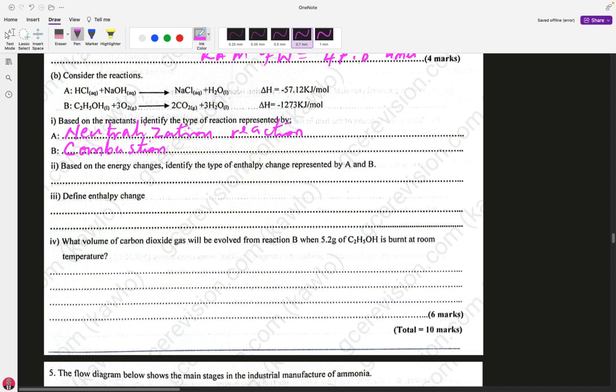Any reaction in oxygen to give a gas, we call it a combustion reaction. And we call it a complete combustion because every complete combustion gives carbon dioxide and water. So we say complete.